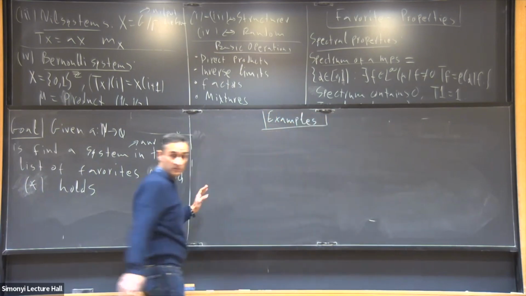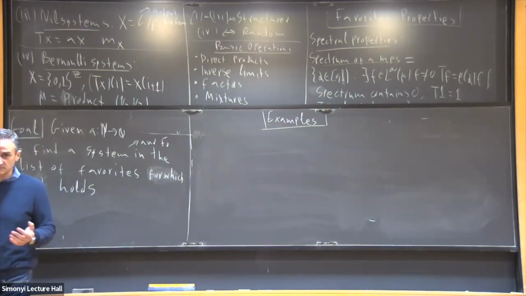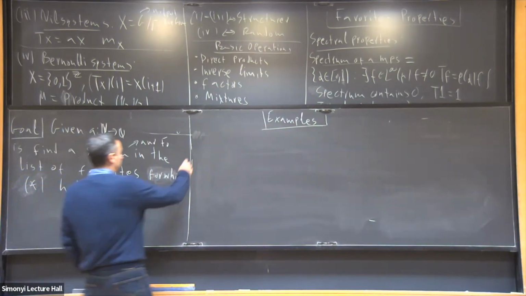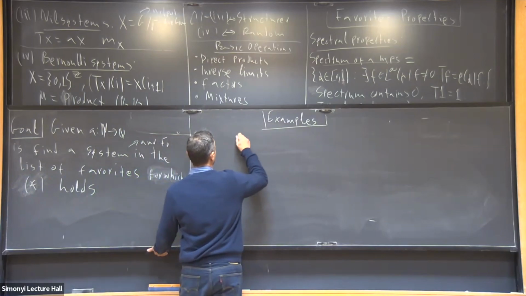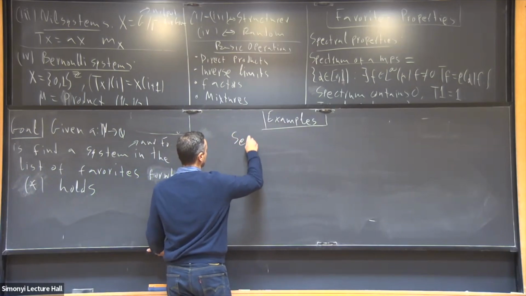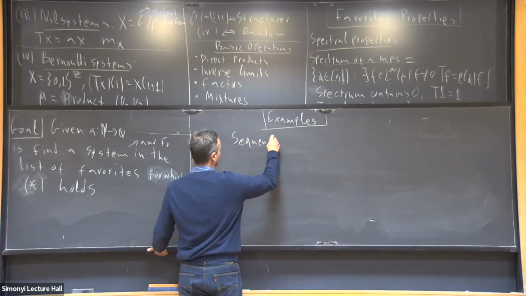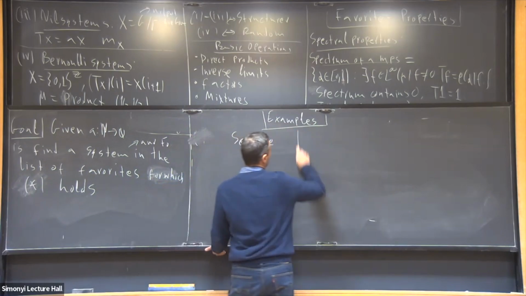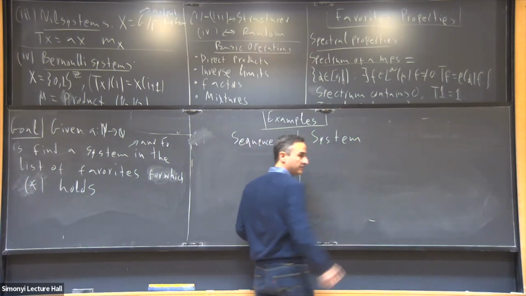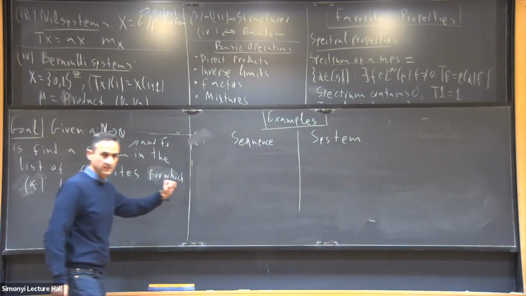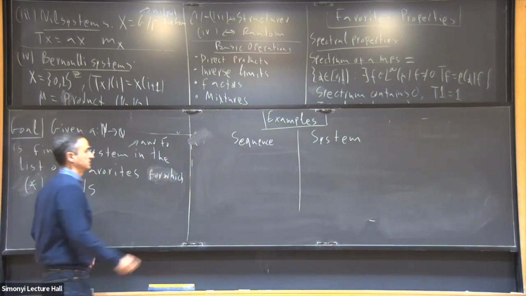I will give you examples of success. Of course, we're not always successful. But the first one, let me do it as follows. So I have a sequence, and I will give you the system. Give me the sequence, I will give you the system. That's the job.